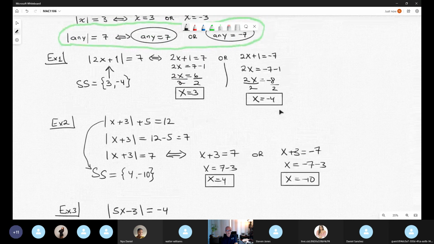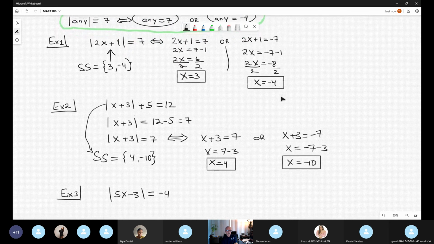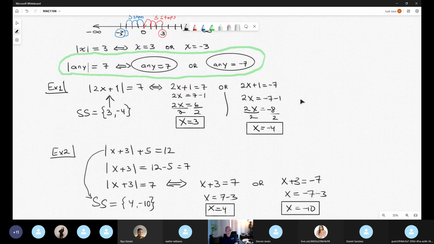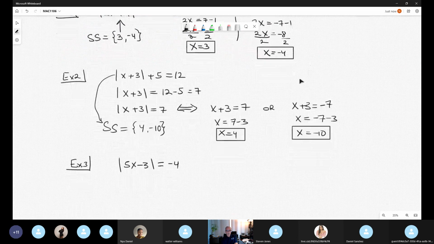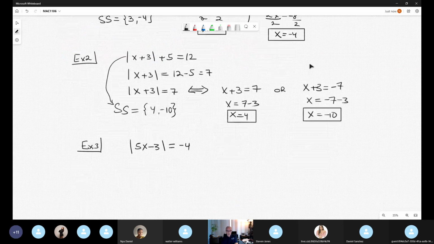Because as I explained at the beginning, absolute value represents distance, and distance is never negative. It is a positive quantity. Therefore, I see a contradiction. The absolute value of something would never be equal to negative 4. This is impossible. This is a stupid equation.